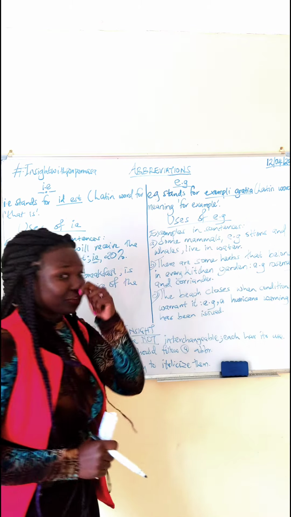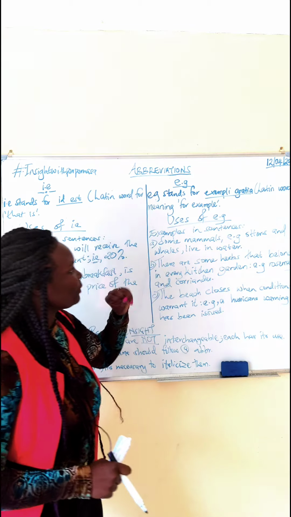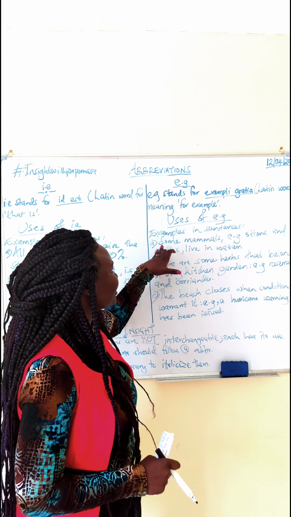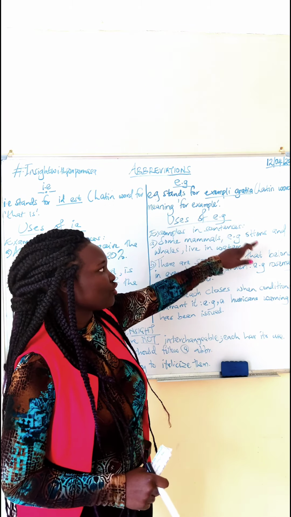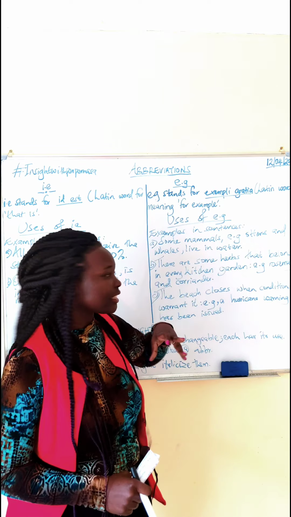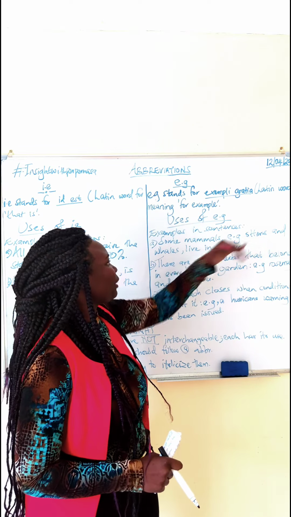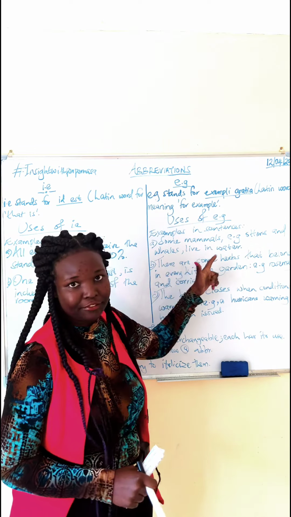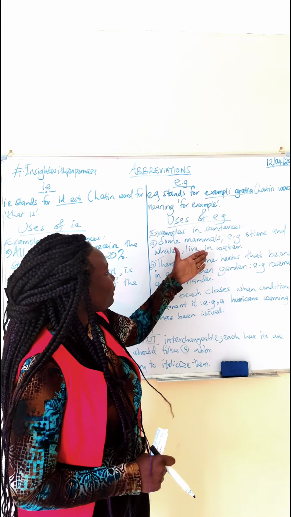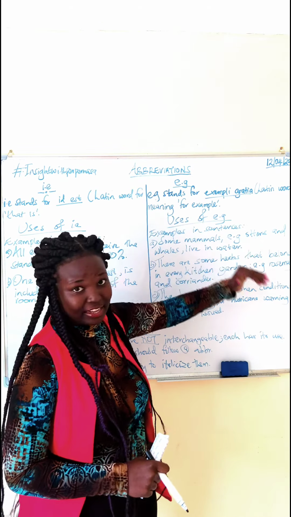So what are the uses of EG? Look at this example: some mammals, EG, but instead of EG I'll say for example. Some mammals, for example otters and whales, live in water. Here we're just giving an example.